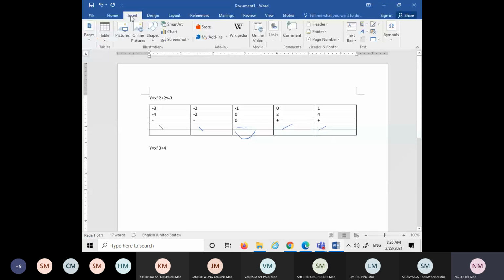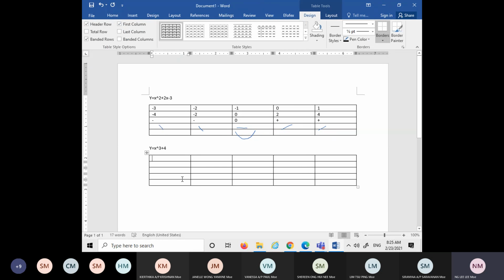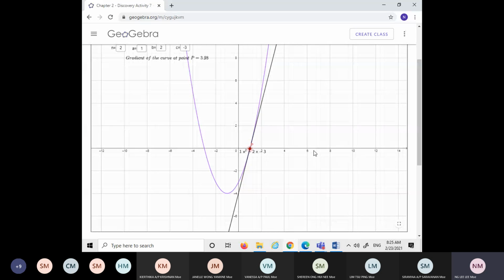Wait, I have to insert the table again. 5 by 5. Now they change other points also. They start with -2, then -1, 0, 1, and 2. Then same thing, you have to use the software to get the gradient.